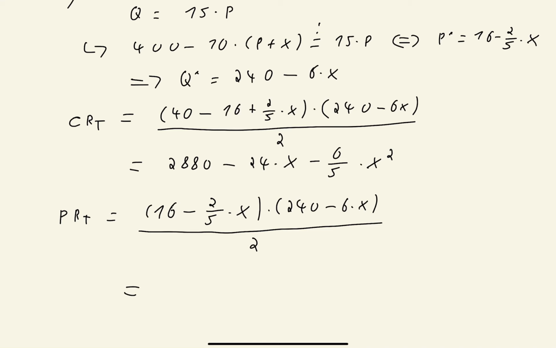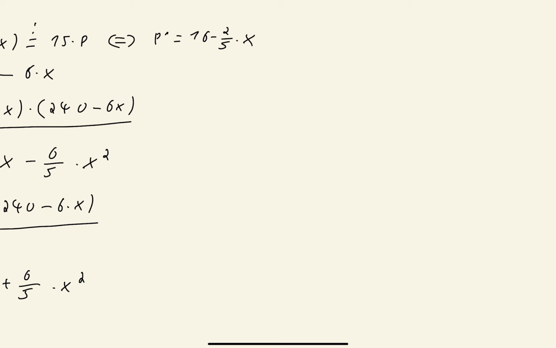And if you simplify this, you end up with 1920 minus 69 times x plus 6 divided by 5 times x squared. Okay, so this is the consumer rent and the producer rent if we have a tax equal to x on the consumers.